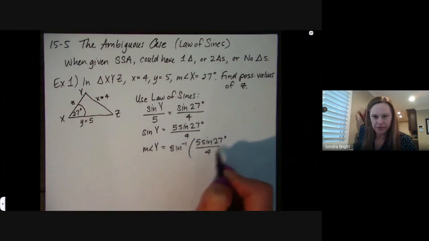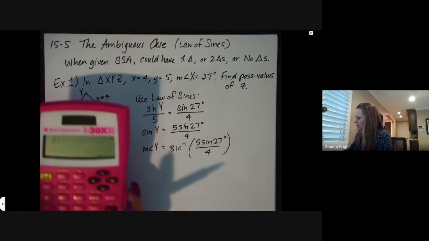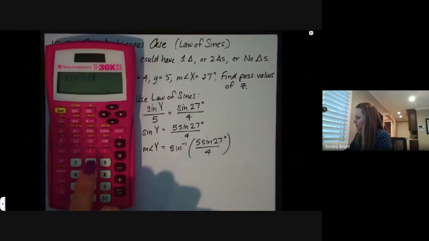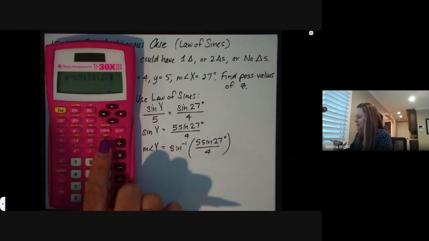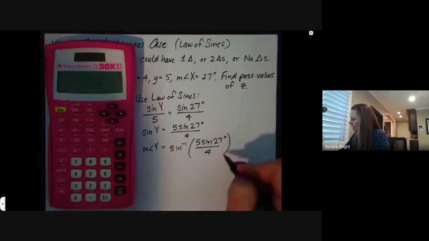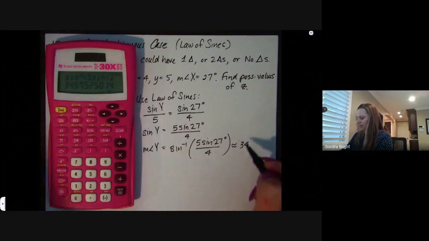Your calculator is going to give you an answer for that. Make sure you're in degree mode. I put in inverse sine of 5 times sine of 27 degrees, close the parenthesis, then divide by 4, and I get that angle Y is about 34.575, so I'll say it's about 35 degrees.